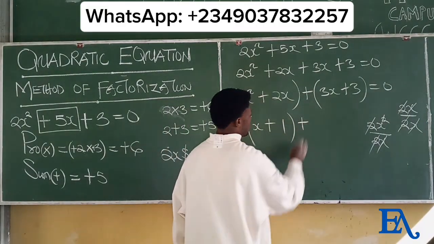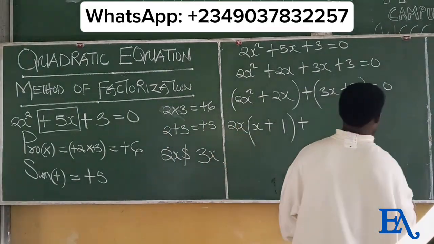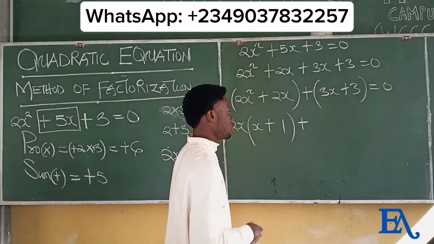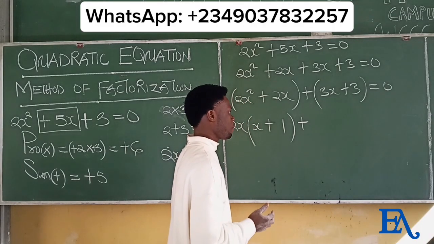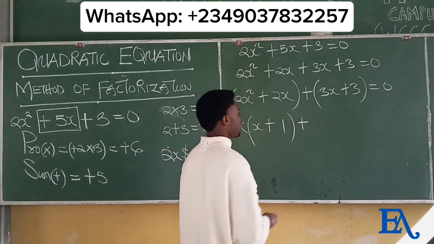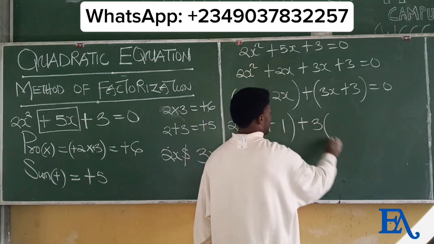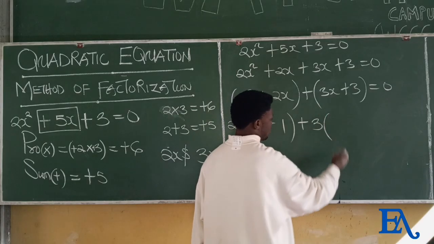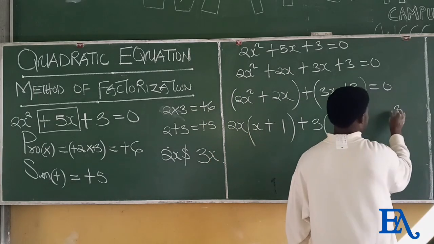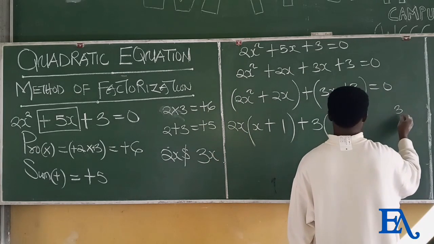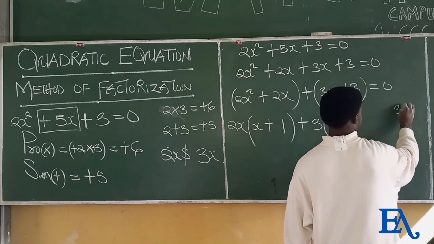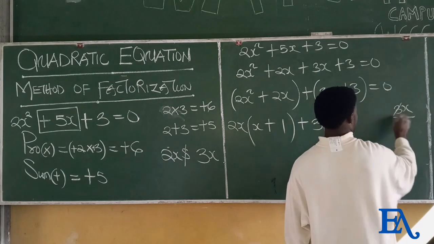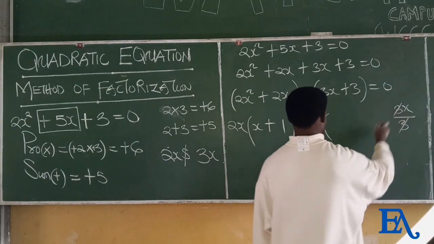Plus, let's do the same to the second bracket. The highest common factor between 3x plus 3 is 3. Then 3x divided by 3 gives x.